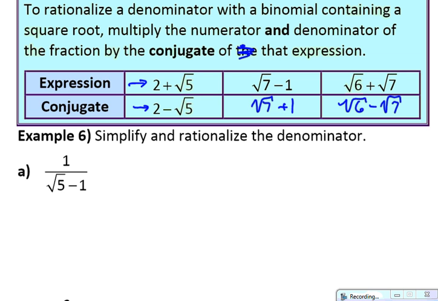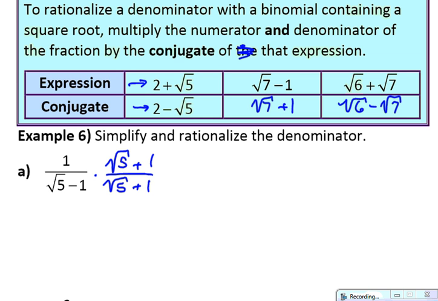So what you're going to have to do is multiply by the conjugate of the denominator. So conjugates, square root of 5 plus 1, opposite sign. Remember, always opposite sign. So then I need the clever one. So to get the clever one, I have to have exactly the same thing in the numerator. So square root of 5 plus 1.